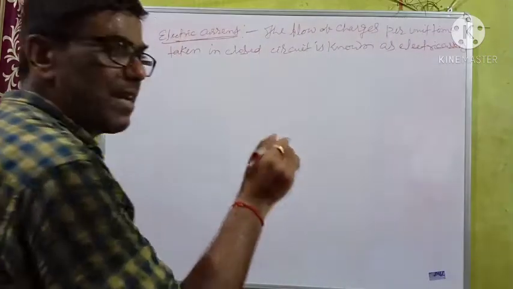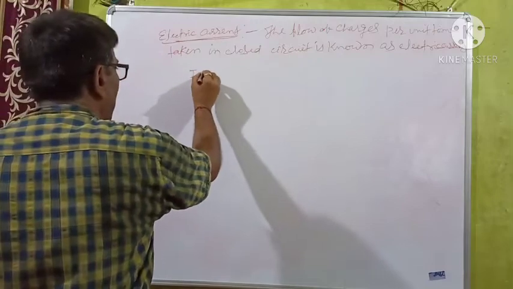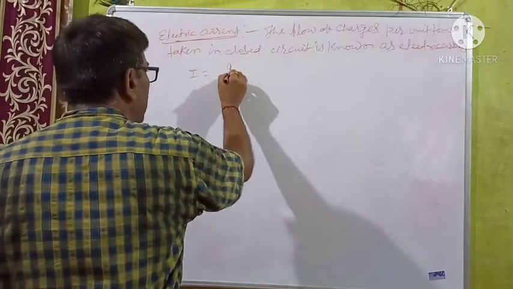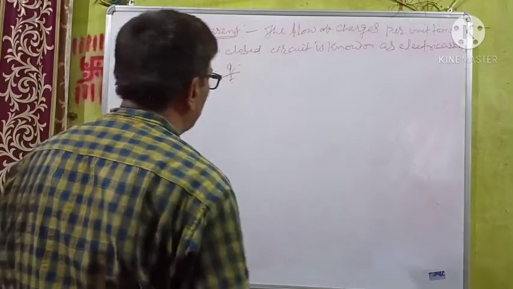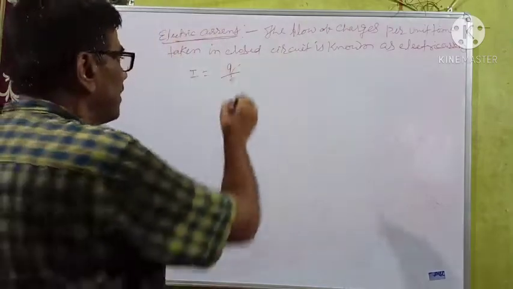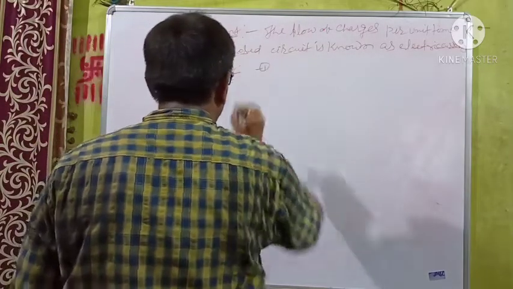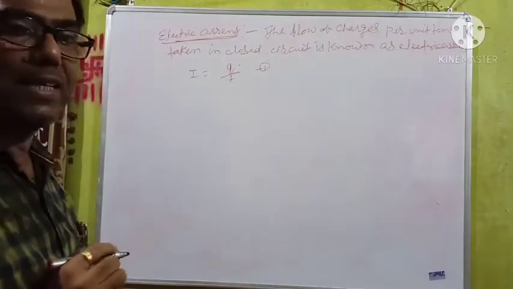It is denoted by I. Then I is equal to the flow of charges, Q, by time t. You have also learnt this: the first formula is I is equal to Q by t.